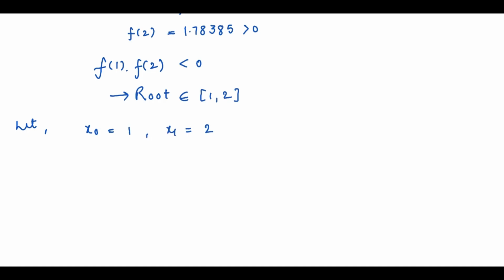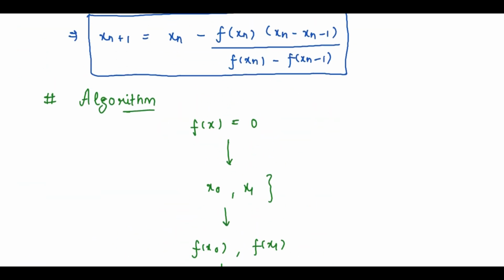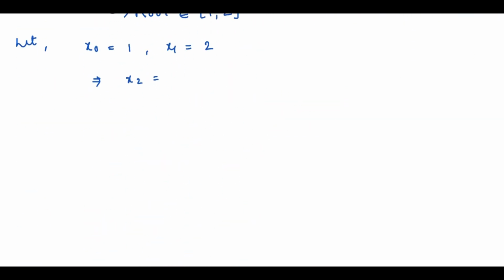Now you have the formula that we have discussed earlier. I just need to substitute the values for x0, x1 and their function values in the formula. And by that you get this x2 value as 1.50794, and the function value comes out to be minus 0.31343.